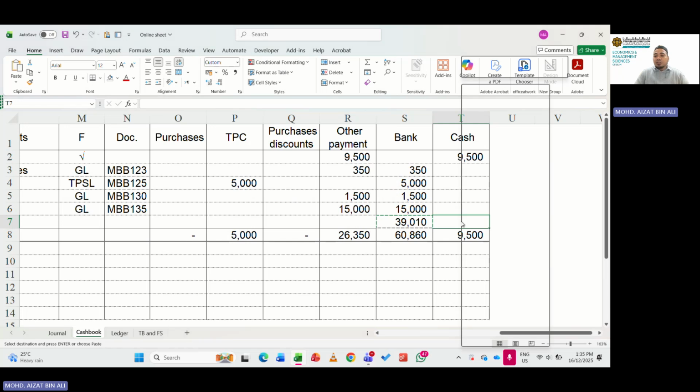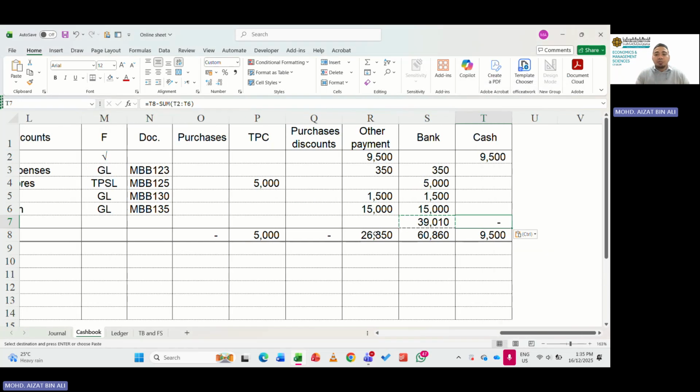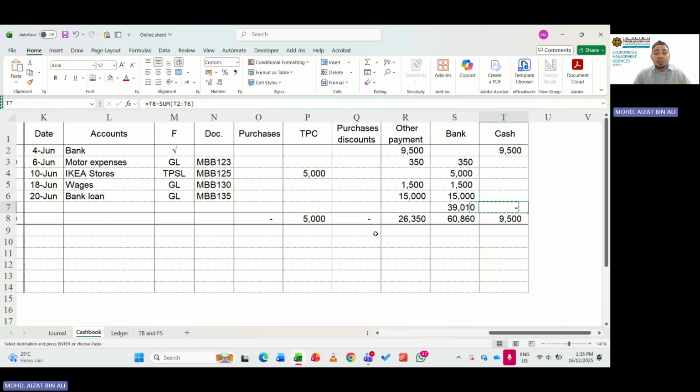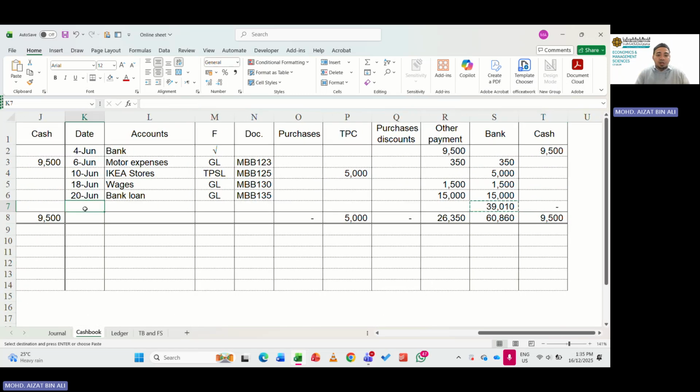Whereas for this cash, there is no missing figure because the amount is exactly the same. That's why earlier it triggered me because it looks weird. But again, as I said, it is what it is. You just follow the question. You don't change anything. So how to close this account? Take the last day of the month, 30th June, and write down balance C/D.